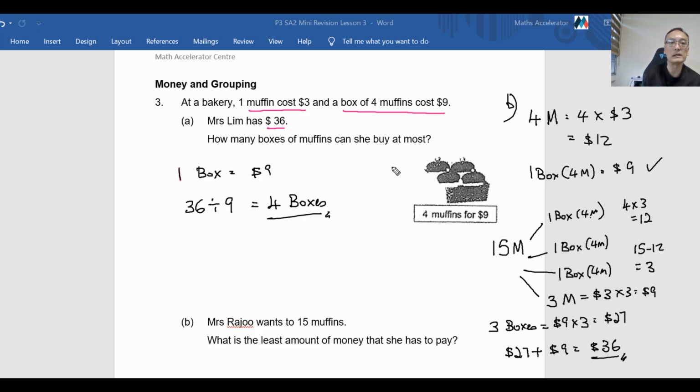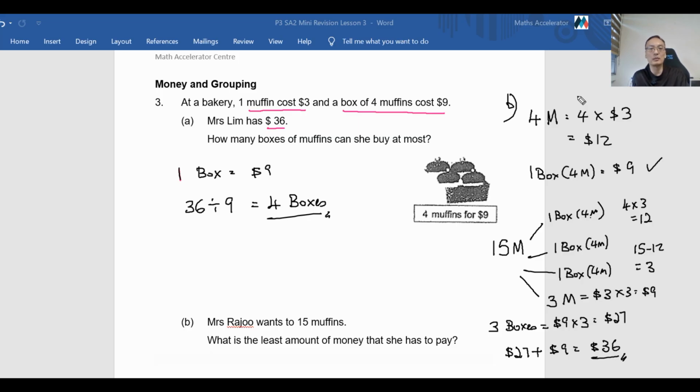Right, so grouping is a very popular concept that is tested in the year-end exam, right? Normally, what the question entails will be, they will tell you that a group of items will cost a certain amount of money, which is usually cheaper than if you buy individual items, which we have discussed here, right? Okay, which is the better deal? That's always the question you should ask, right?